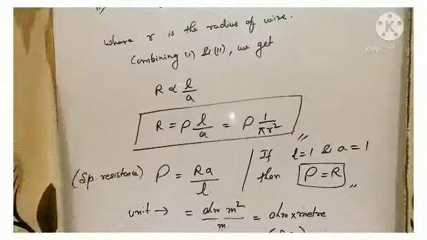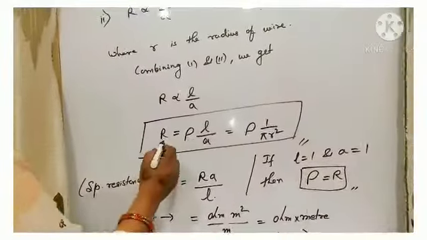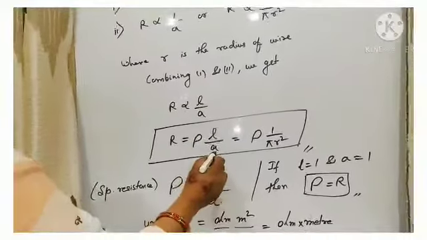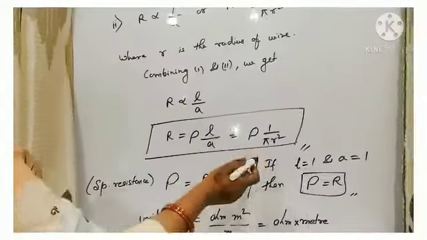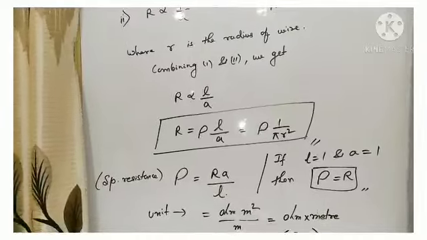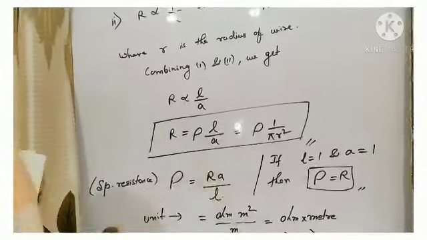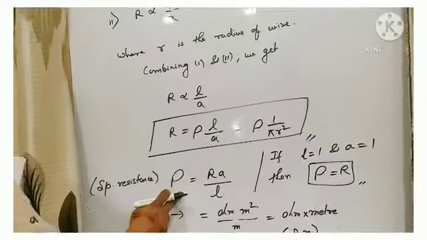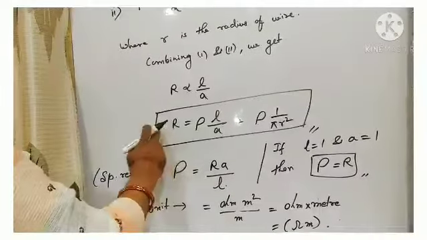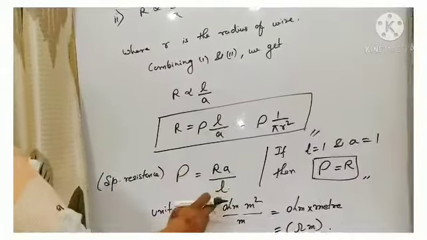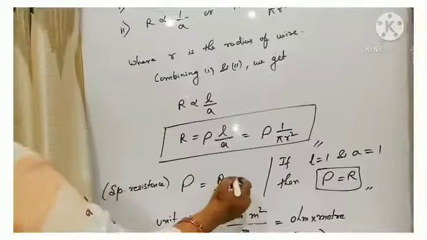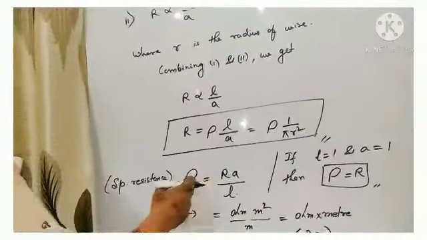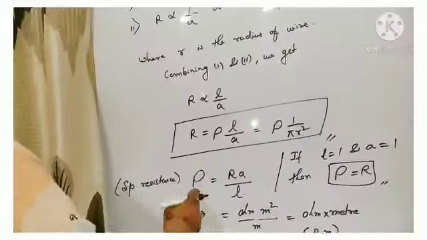So R is equal to rho L by A. Instead of L by A, we can also write L by pi r square. So specific resistivity is equal to R into A by L. When we make this A and L 1, then specific resistivity is equal to resistance.